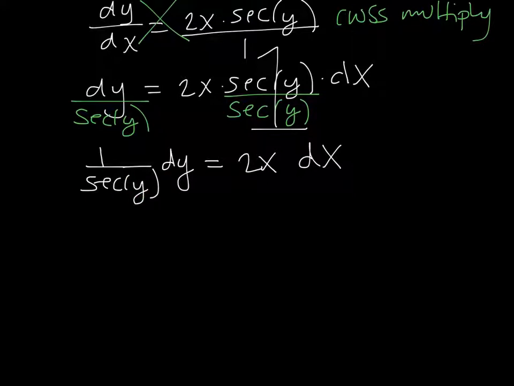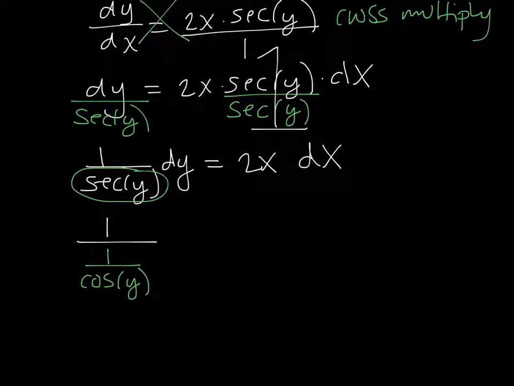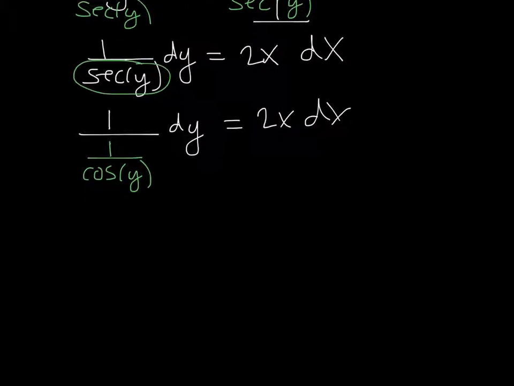And before we start integrating, I'm going to go ahead and rewrite secant of y in terms of cosine, because there's a trig identity that says secant of y is the same thing as 1 over cosine of y, the reciprocal function. And then we'll go step by step.